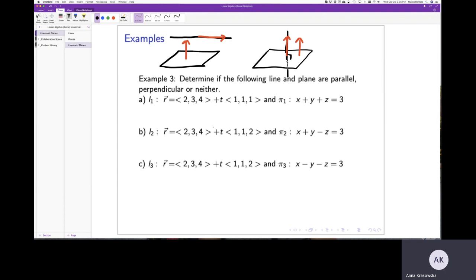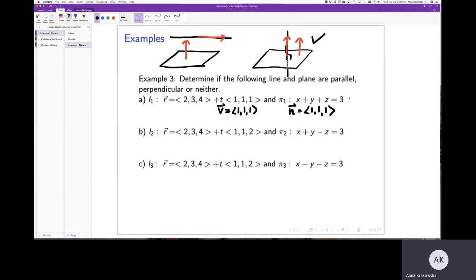Okay, so let us now look at the first case. We have here the direction vector of the line is 1, 1, 1. The normal to the plane is 1, 1, 1. And so it's the same vector, that's this second case. The vector along the line and the normal to the plane are parallel.